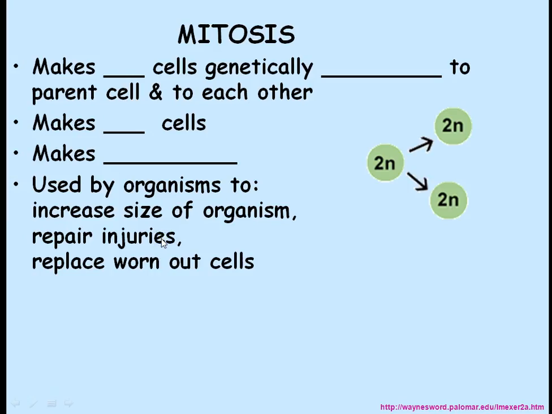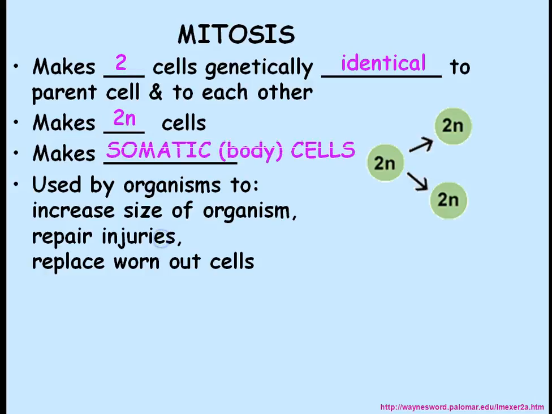Okay, so let's compare a little bit in general mitosis and meiosis. So remember, in mitosis, when we have a new cell, we make two genetically identical cells to the parent and also to each other. And we are making what we call 2N cells or diploid cells. This is the way we make more body cells.